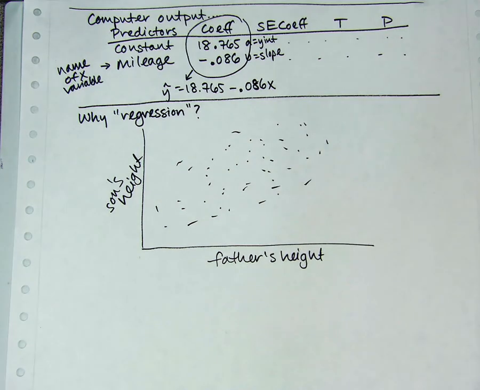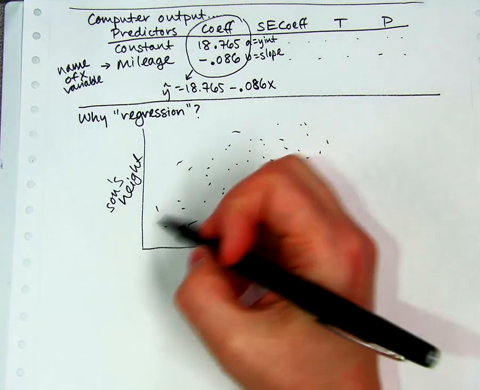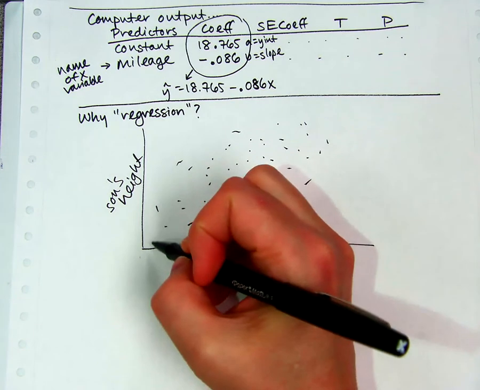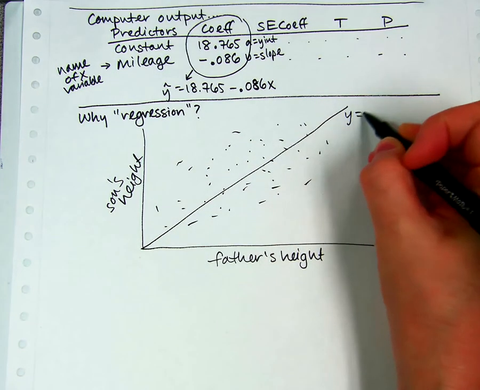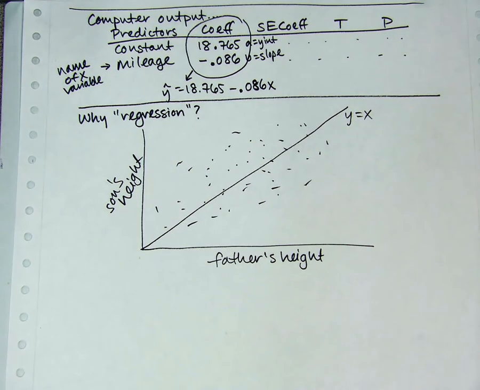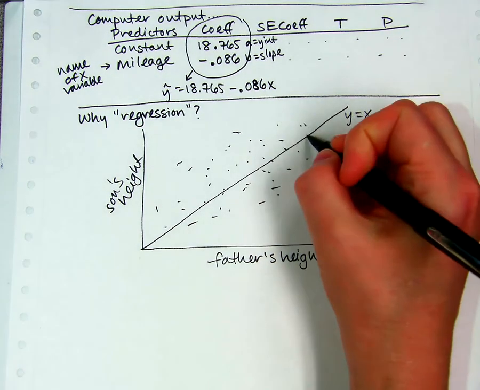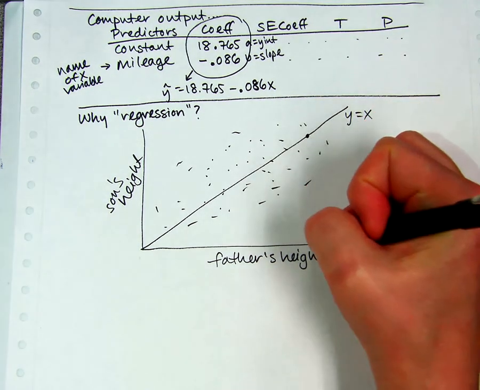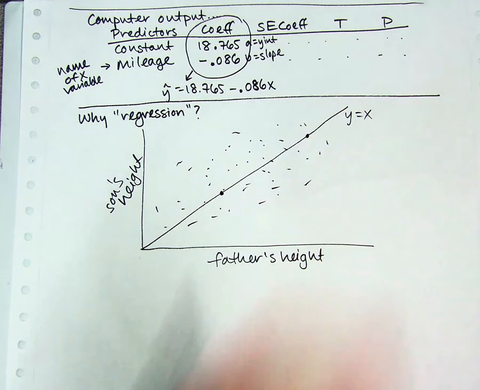And that's predictable, right? In fact, you could even say what you might expect to happen is the y equals x line, which is what would happen if every father's height was exactly the same as his son's height. So like this person right here, the father is this tall and the son is the same exact height, and same with this person right here, and so forth.